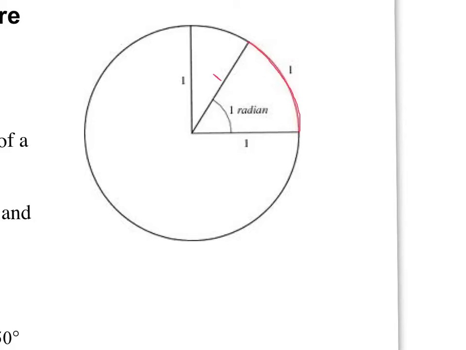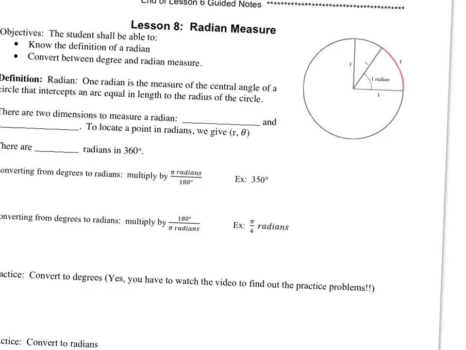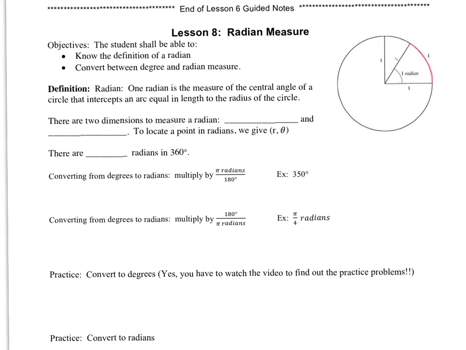And it turns out, because of how things work with circles and pi, that there are 2 pi radians in a circle. Okay? So, the definition for a radian is, 1 radian is the measure of the central angle of a circle that intercepts an arc that's equal in length to the radius of the circle.